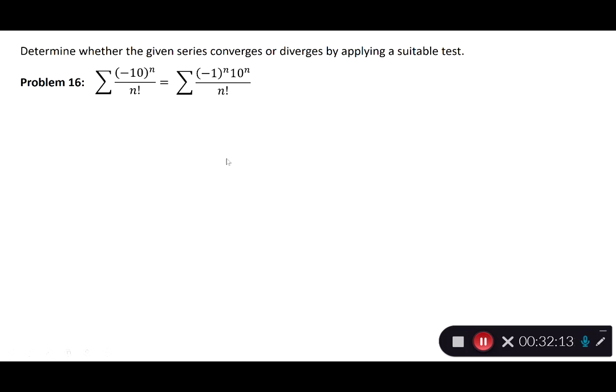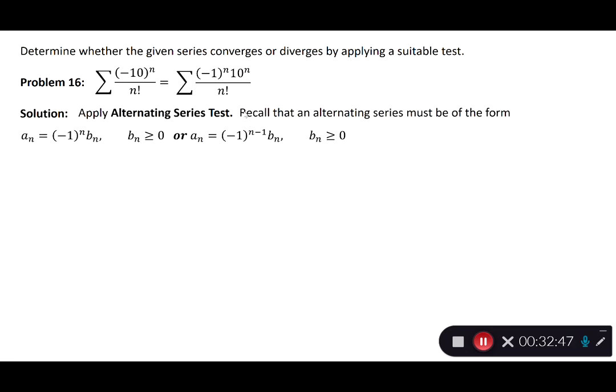So look at the handout on alternating series test. What does the alternating series test say? You need to figure out what b sub n is. Is this a sub n in the form of (-1)^(n-1) times some b sub n, or (-1)^n times b sub n? Yes, this is in the form of (-1)^n times b sub n, with b sub n being 10^n over n factorial.